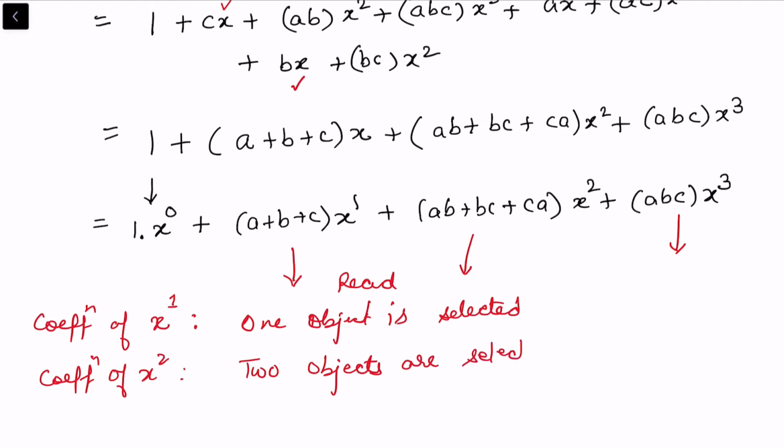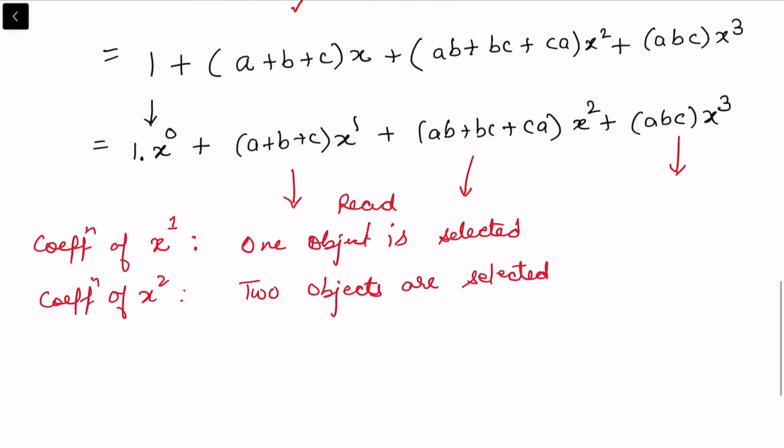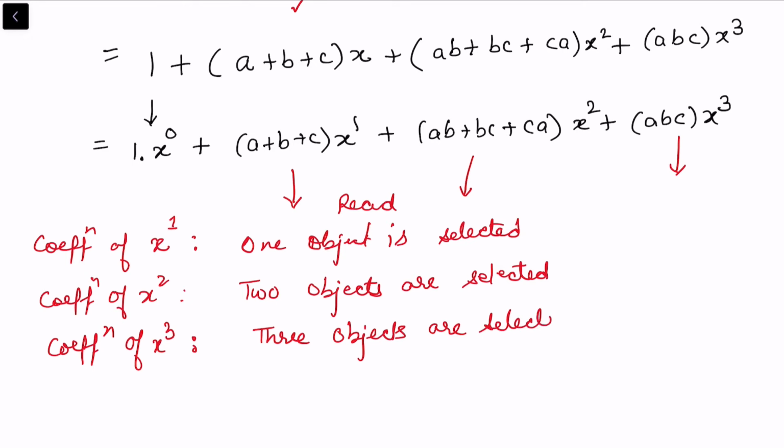So we are solving this problem in one go rather than looking at the cases separately, as in the case of the combination formula. If we write this in the form of a generating function, we read all these simultaneously. And x cube means 3 objects are selected. The coefficient even tells us which are the relevant options that will come up.